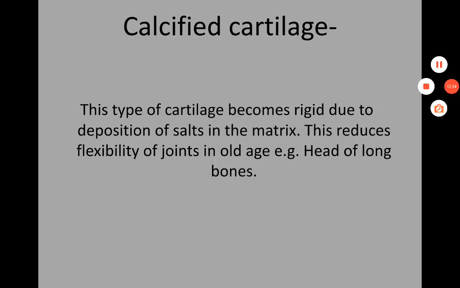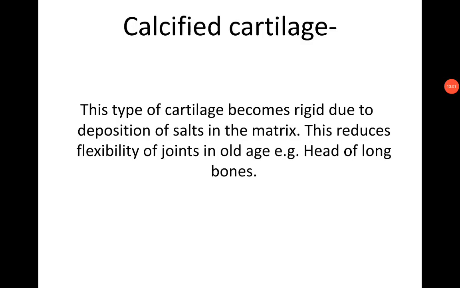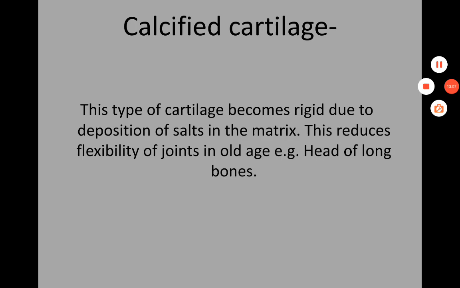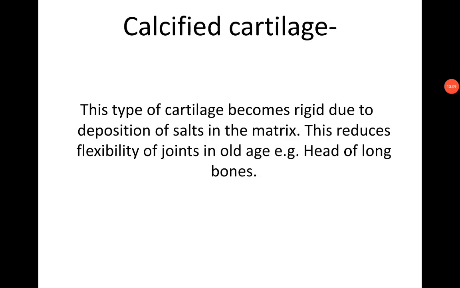For your knowledge, you can search many images of calcified cartilage on Google. But in the 11th Science Biology, second part, Study of Animal Tissue chapter, this is sufficient information for you in the academic year.